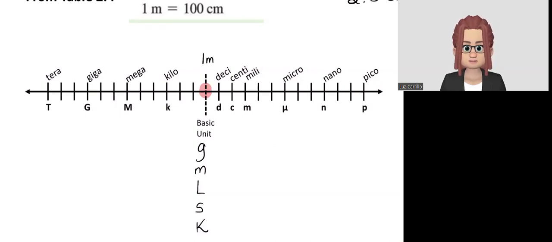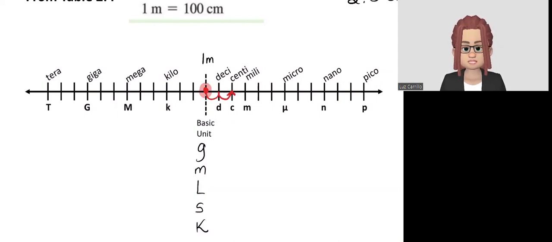As I mentioned, what this number line allows us is to move the decimal place in direction left or right in order for us to do conversions. So what if I'm trying to relate a basic unit to the prefix centi? Since my starting point is that I start at 1 meter, I can say, well, from 1 meter to walk to centi, I will move the decimal place 1 time, 2 times, and I land at centi.